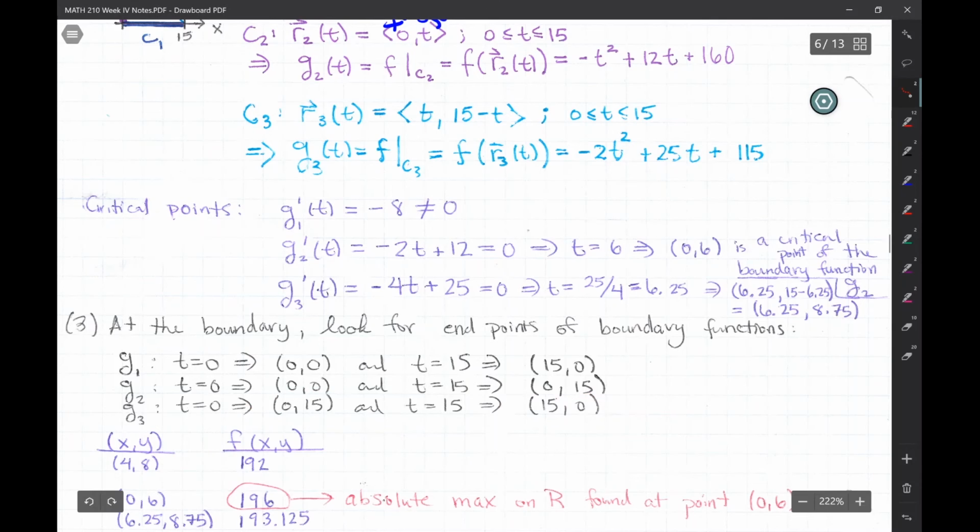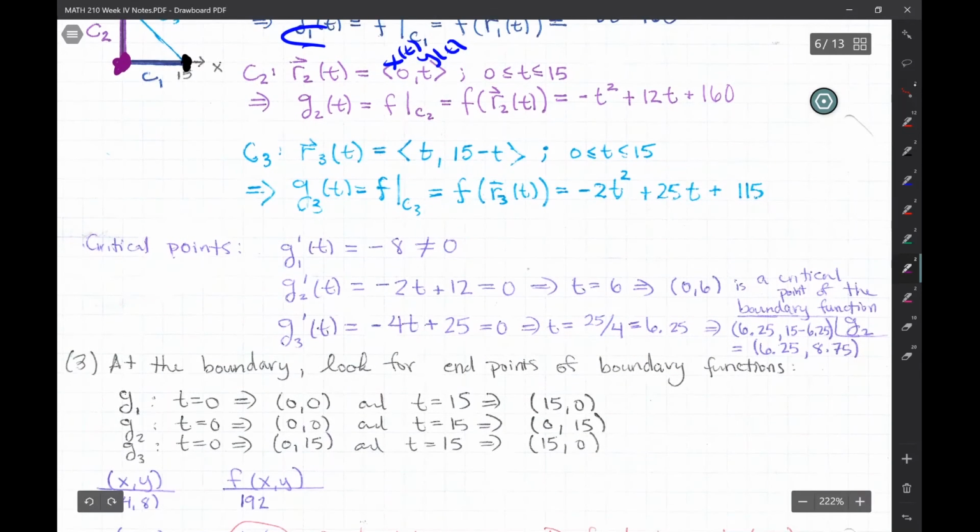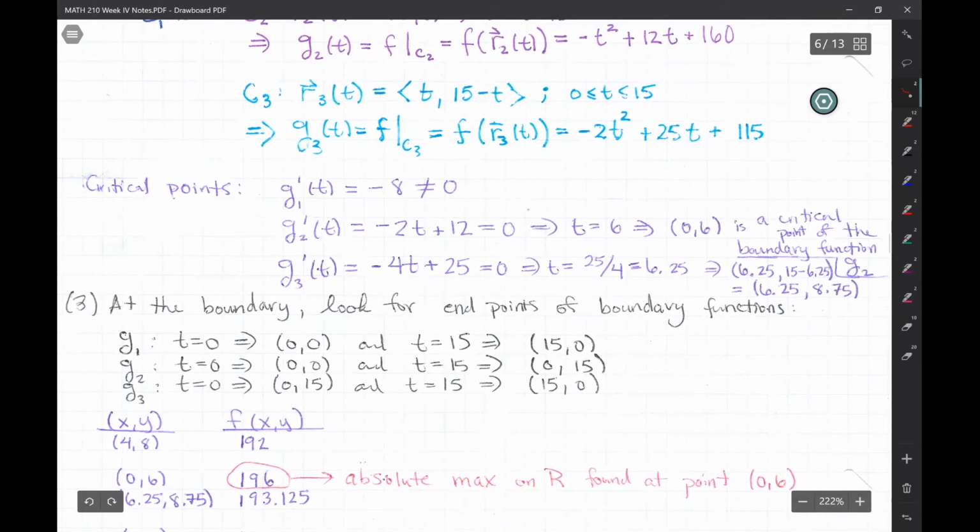Now, it's no surprise that there are repetitions there, because look at this point here, and this point here, and this point here. The endpoints are endpoints for different curves. So C2 and C1 intersect at the origin, so it's an endpoint for both of them. That's why you're seeing the repetitions going on there.